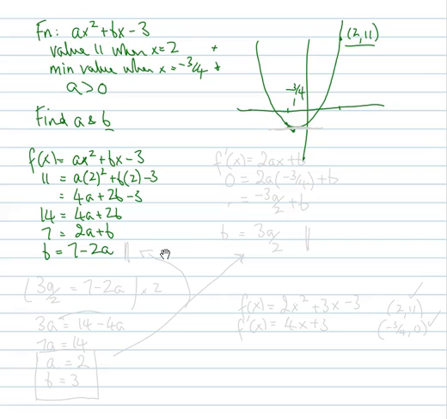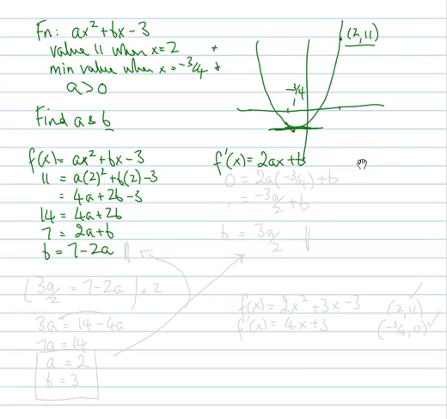Now, the second bit of information we're given is that the minimum value is when x equals minus 3/4. The minimum value, which is here, is when the tangent is flat, or in other words, when the derivative is 0. So if we differentiate the function ax squared plus bx minus 3, we get 2ax plus b plus 0.